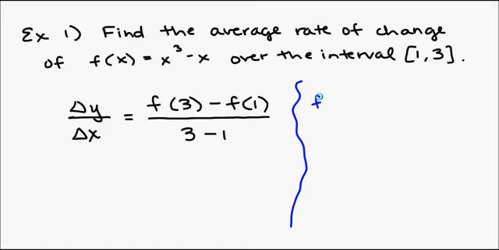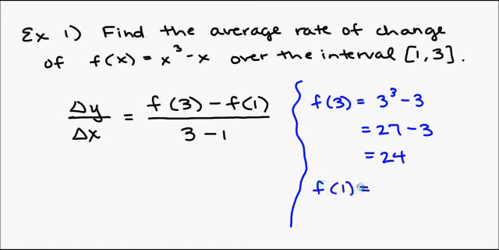Now I'm going to do some side work over here in blue to figure out what f of 3 is. So we have 3 cubed minus 3, 27 minus 3, which is 24, and f of 1 is 1 cubed minus 1, 1 minus 1, which is 0. Okay, let's go back to the problem.